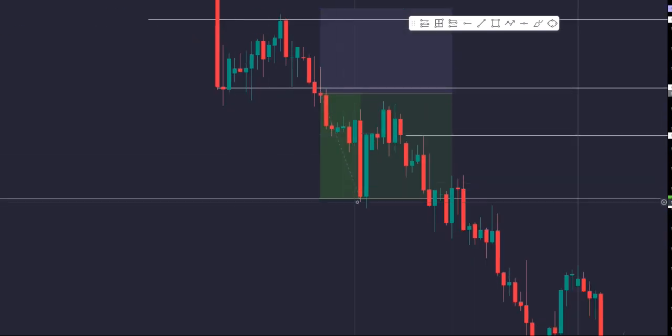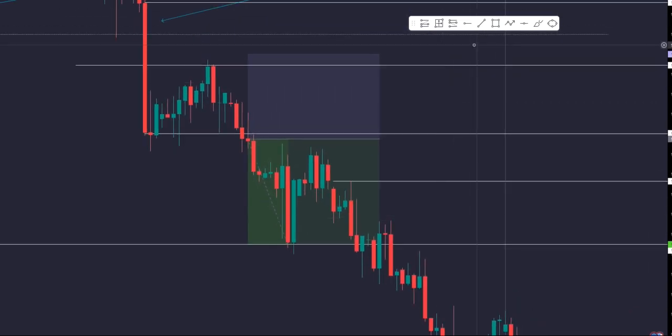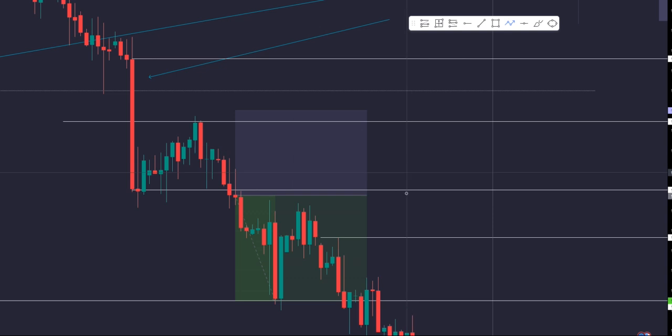TP here, because when we hit this target, price started to come up. It is logical because the price comes up to retest this break, to retest this huge sell-off. But sometimes you cannot expect the price.